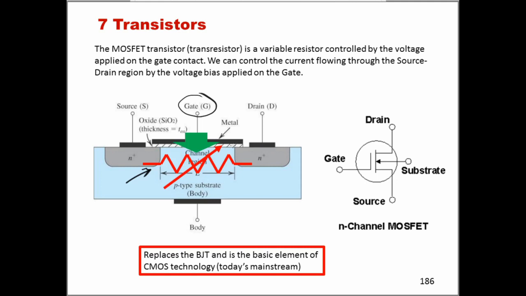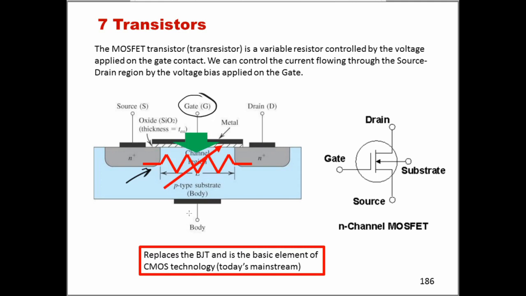So in order to control whatever is happening in the channel, there is no real charge that is being injected from the gate into the system. It is only the effect arising from the voltage bias applied on the gate that allows us to control the channel. So there is no power consumption effectively in controlling the transistor through the gate. And that's what makes this device extremely low power and so important.